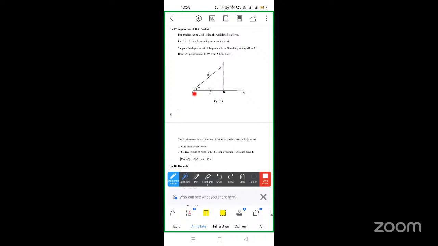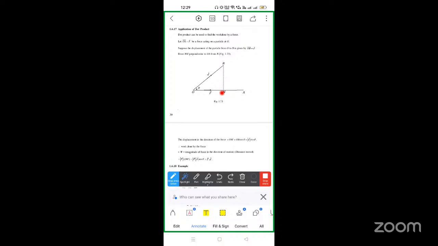So when a force is applied at O, the particle moves from O to A. Let F be a force acting on a particle at a point O. Suppose the displacement of the particle from O to B is given by OB, which is b bar.